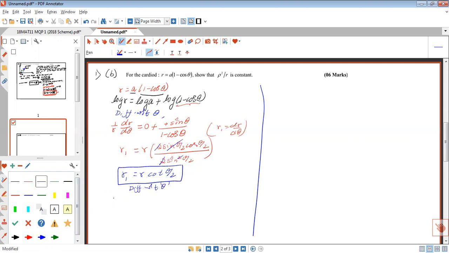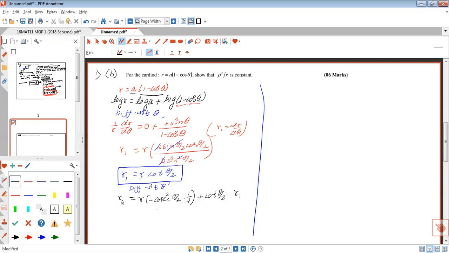Now differentiate this with respect to theta again, the second time. So the differentiation of r1 is d square r by d theta square, that is r2. Differentiation by product rule of r into cot theta by 2: r as it is, times the differentiation of the second term, which is minus cosecant square theta by 2 into differentiation of theta by 2, that is 1 by 2, plus cot theta by 2 as it is, times the differentiation of r, which is r1.